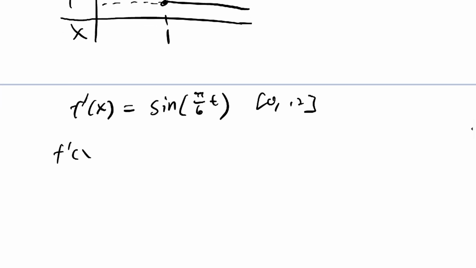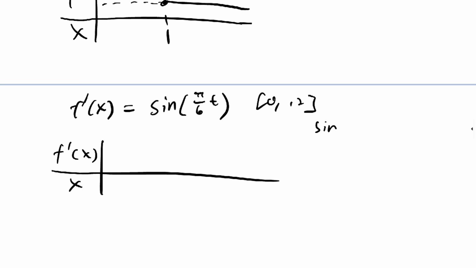Well, with trig, if you want to do stuff with them, you're still going to have to find the critical points. So sine of pi over 6 t is equal to 0 when t is equal to 0, 6, and 12, on this interval. It has infinitely many, technically. So you're going to plot all of these points on the number line.